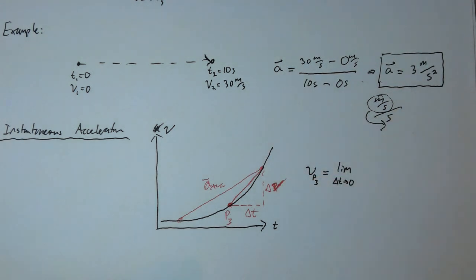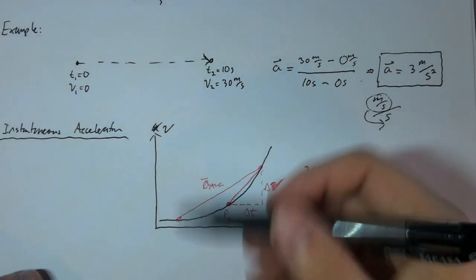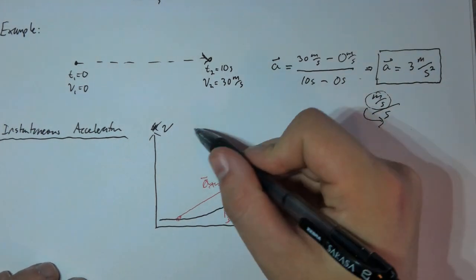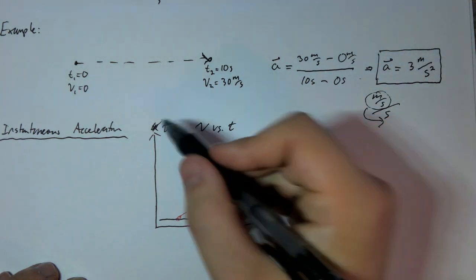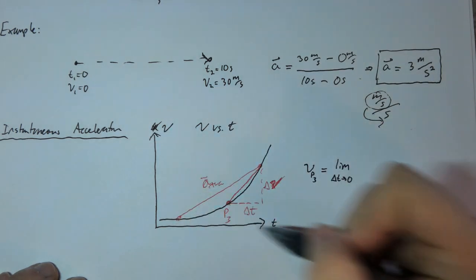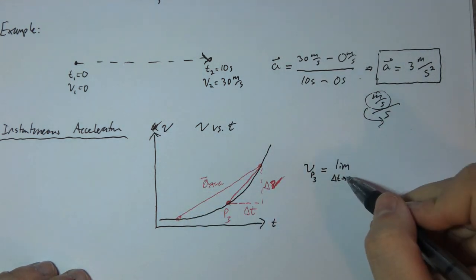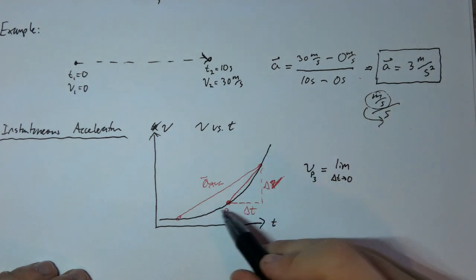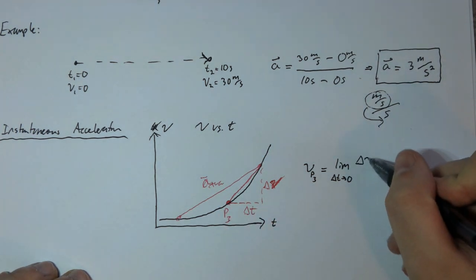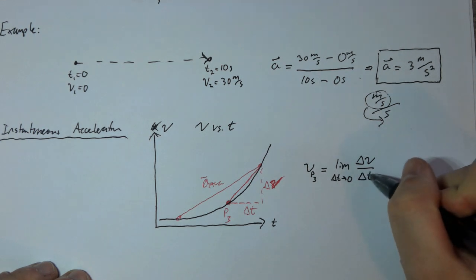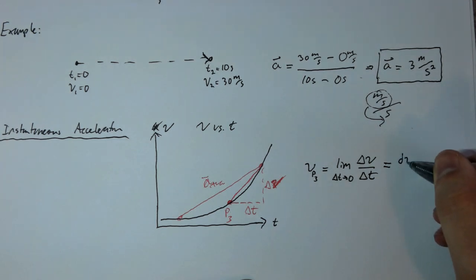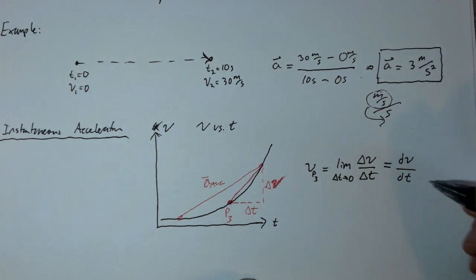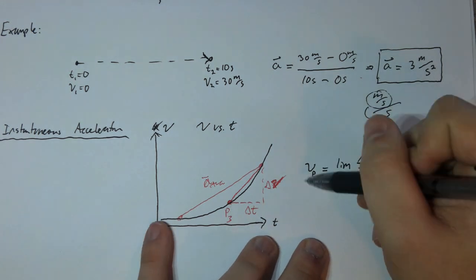So that's the only difference between acceleration and velocity, is that this is a v versus t graph, and in the velocity case, it's an x versus t graph. So we take the limit as delta t goes to 0 of delta v over delta t, which is the same as the derivative of velocity with respect to time.